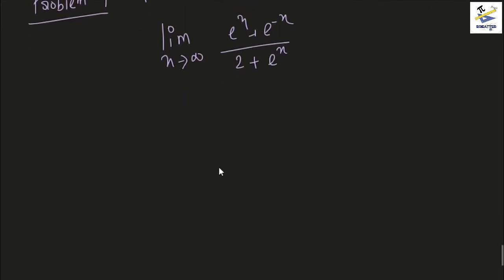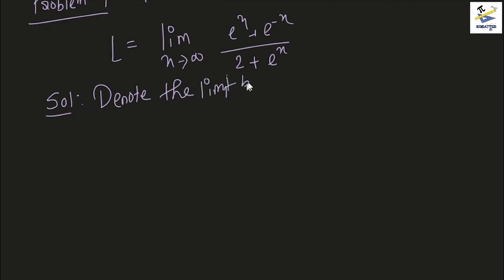So let's do it. Let us name the limit L first. So in the solution I will denote the limit by L, and we have to note a few things, like e to the power x when x goes to infinity, and when I say infinity I mean positive infinity.